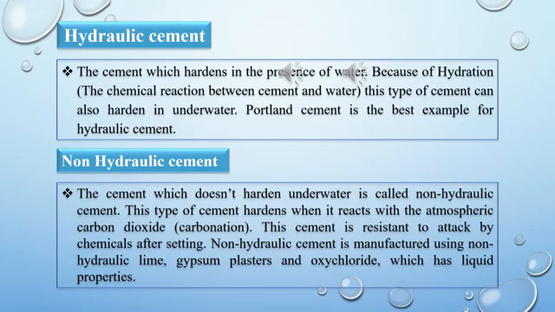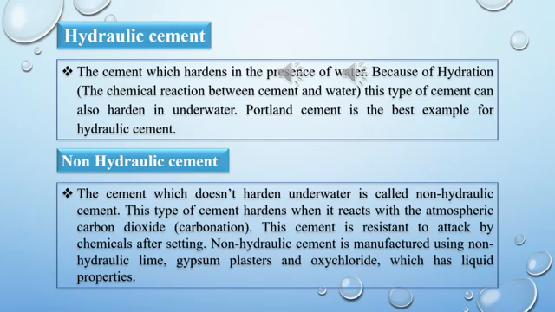As this reaction happens, the cement is hardened in the presence of water, and as you know, hydration is the addition of water or the reaction of water with any compound. Here in this case there is the reaction of water with the cement. And the best example of hydraulic cement is Portland cement. Now, what is Portland cement? We will discuss it in the next slides.